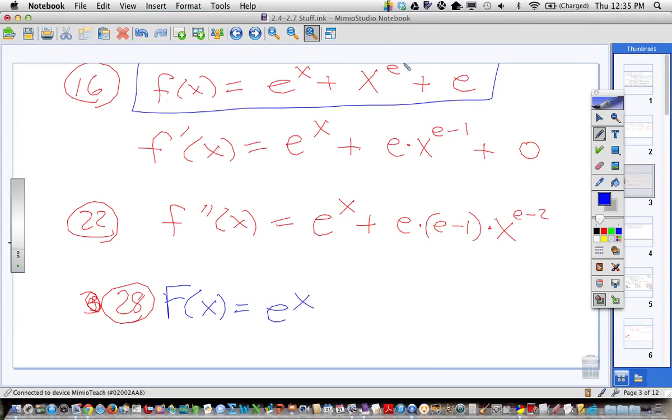We raise it up 1, and then divide by that new power. So that'd be x to the e plus 1 over e plus 1. Right? That's what we said the antiderivative of a power is. We raise it up 1. Like if we had x cubed, we raised it up to x fourth and then divided by 4.